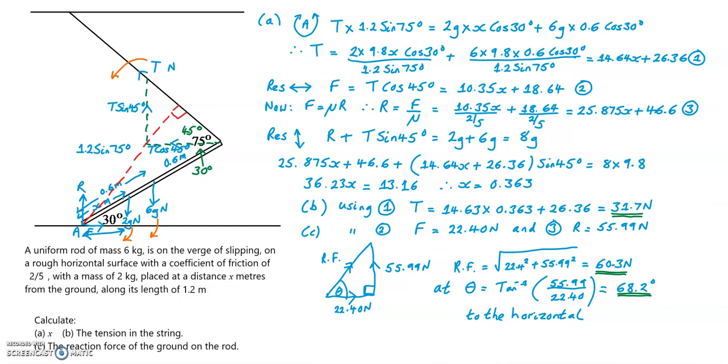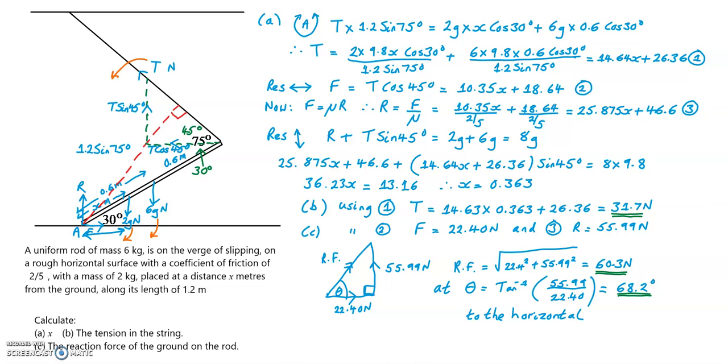So taking moments about A, we have an anti-clockwise moment of T times 1.2 sine 75 degrees. And that's going to be balanced by the two clockwise moments, which will be 2G times x cos 30.